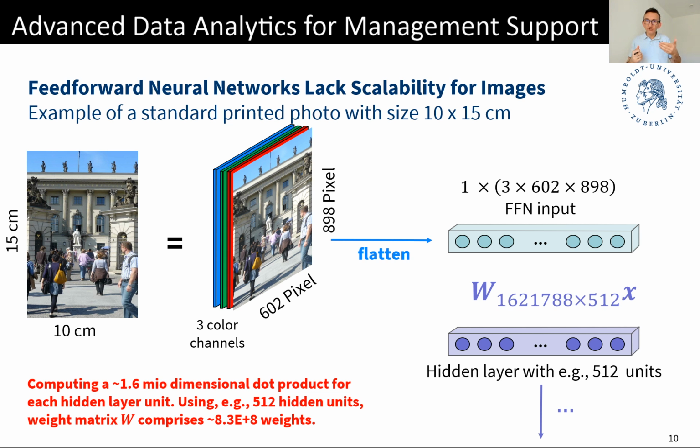You would have a large number of hidden units in your hidden layer to avoid compressing the information too much when you feed it into the first hidden layer in your neural network.